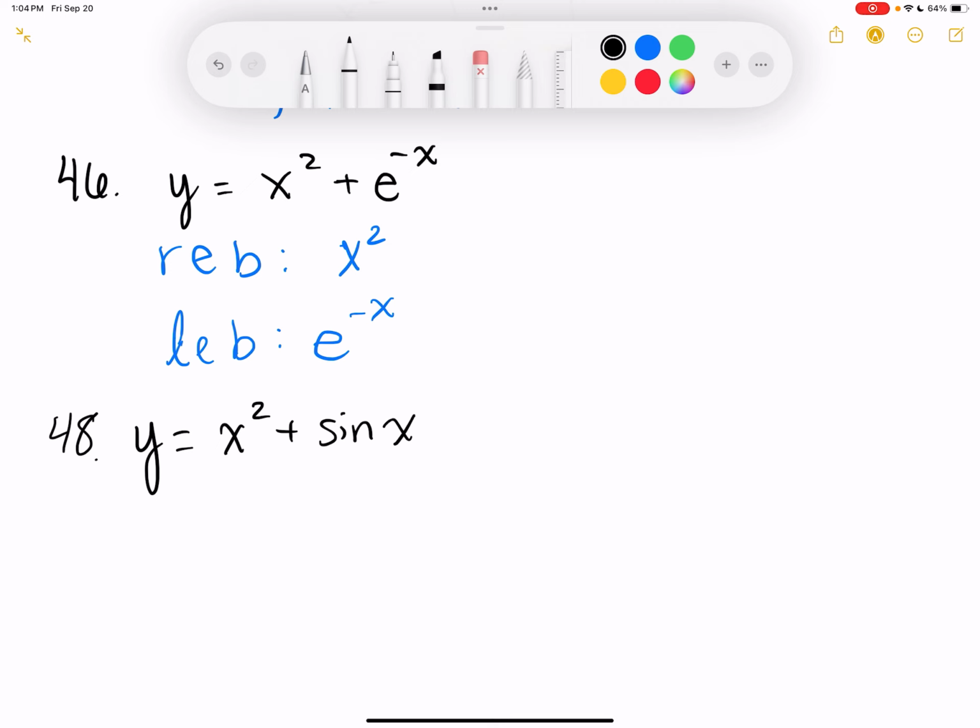I don't think the sine of x is really doing much. That's what I was thinking. Correct. Both the left and the right are just x squared. It's just there for moral support, pretty much.